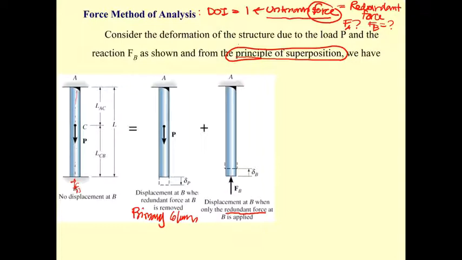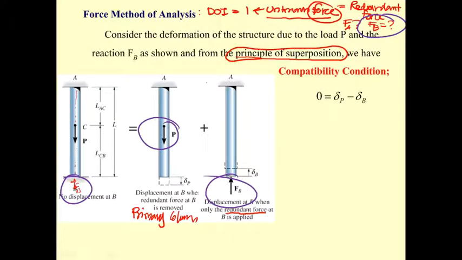So you decide which one is going to be the redundant force, and here you take F sub B. So you draw the structure into separate structures, one subjected to the applied force, another subjected to the redundant force. And then you start by considering the compatibility condition.